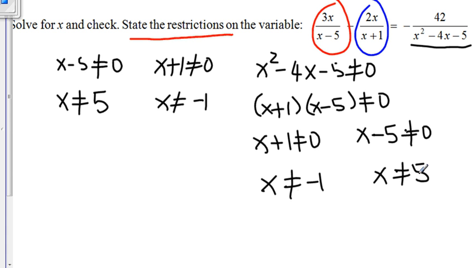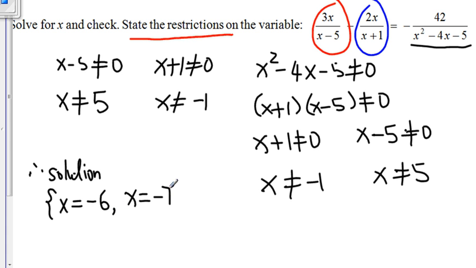So that's the restriction. Therefore, overall, our solution is x equal to negative 6 and x equal to negative 7. And the restriction is x cannot be 5, x cannot be negative 1.